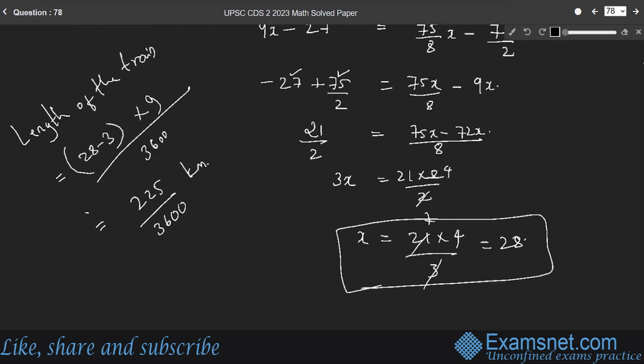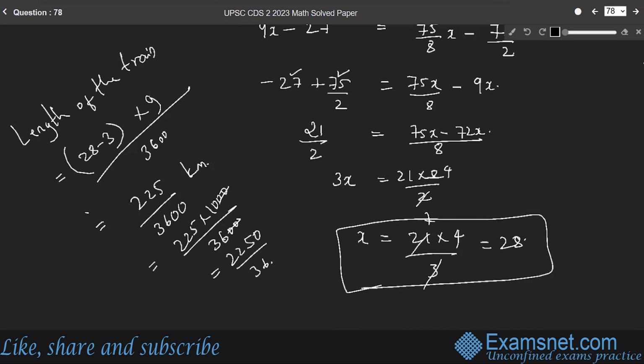To get the length of the train in meters, multiply by 1000: 225 into 1000 by 3600, which gives 2250 by 36.